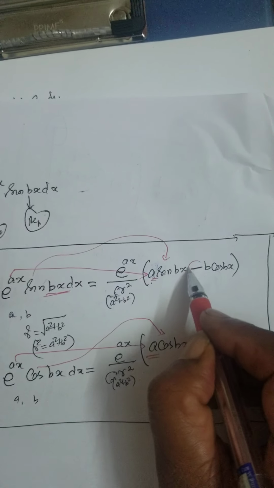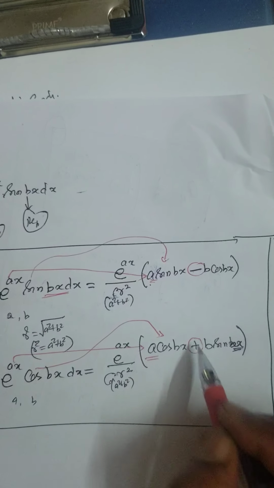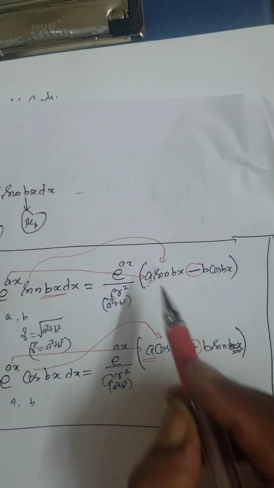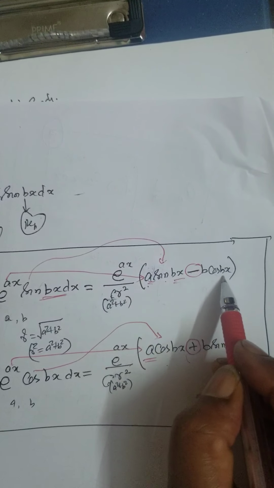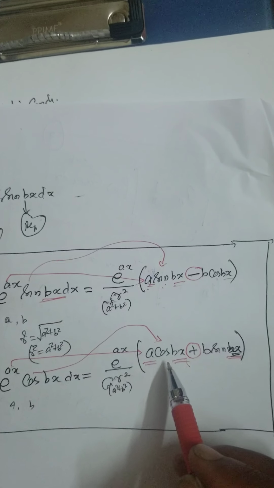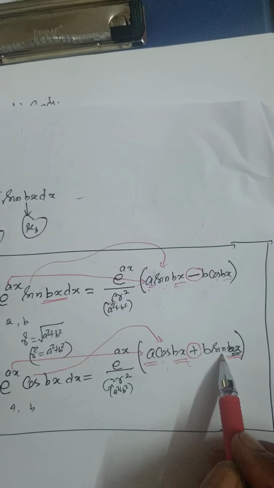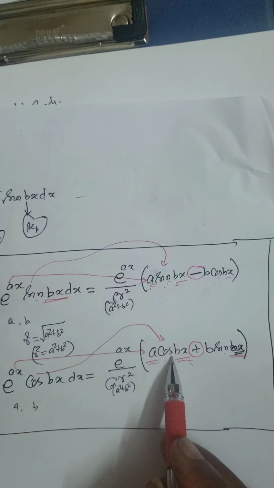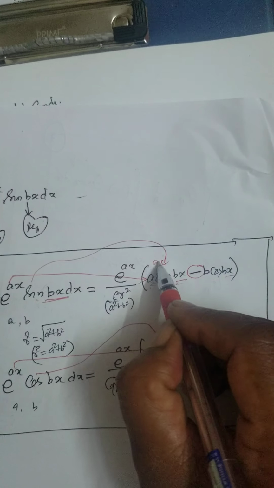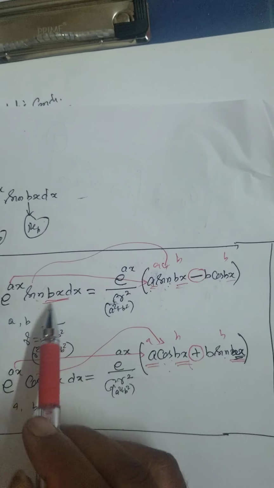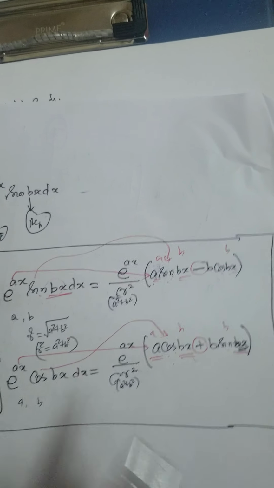Sine is always negative, cos is always positive. Bx everywhere you have to write bx only. Sine minus cos, cos plus sine. Therefore remember, if it is sine you write sine, if it is cos you write cos. All the places b only. This is the way I have to remember.